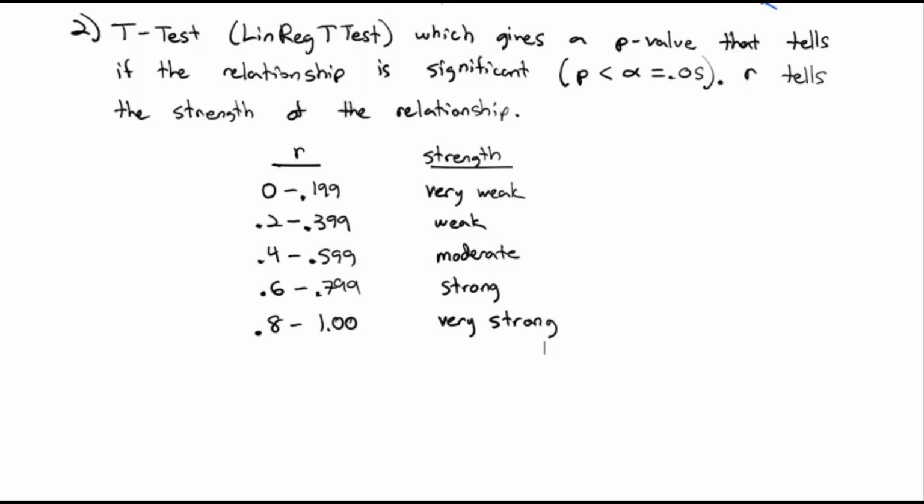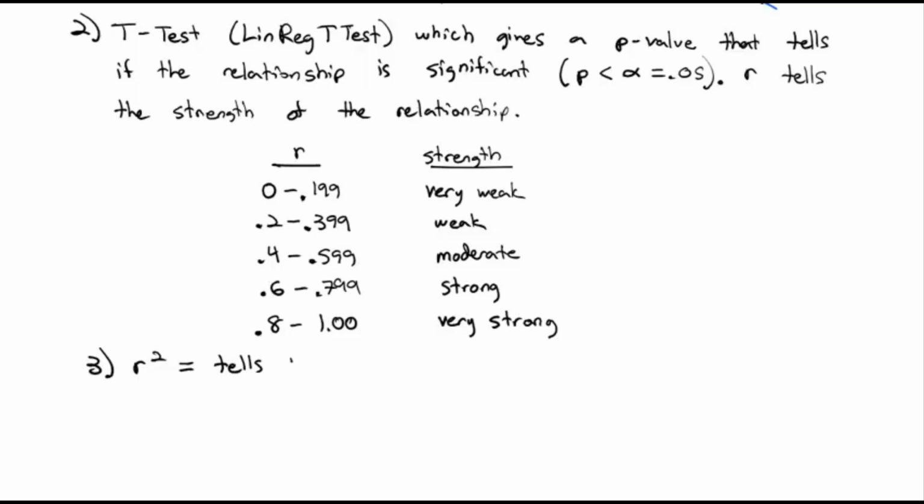In addition to r telling us the strength of the relationship, and p telling us whether or not the relationship is significant, there's a third variable that we look at in analyzing correlation and regression, and that is r squared, which we get by squaring the r value.